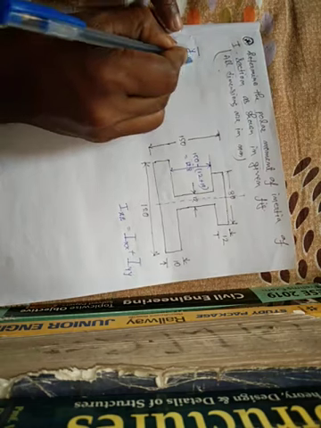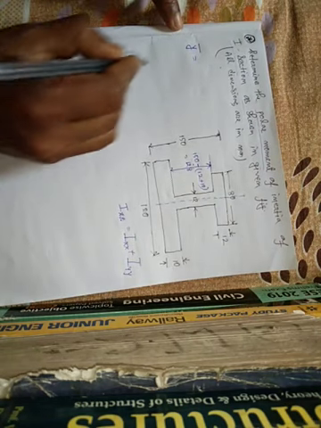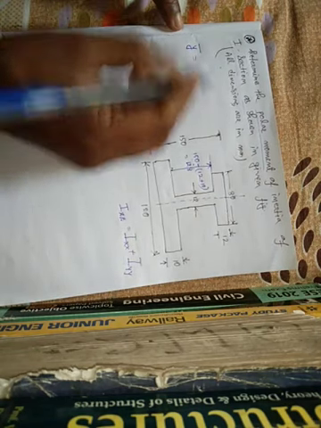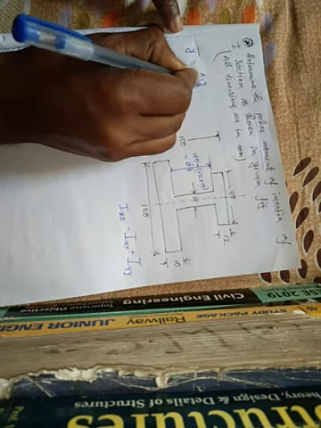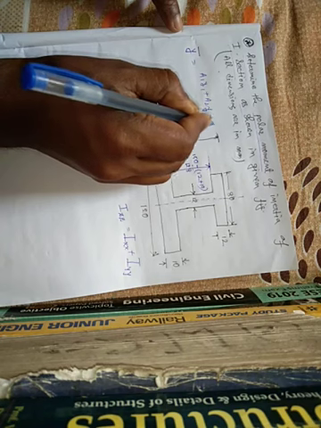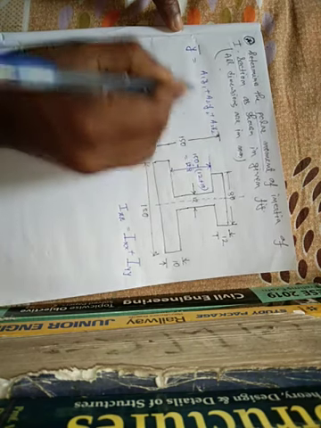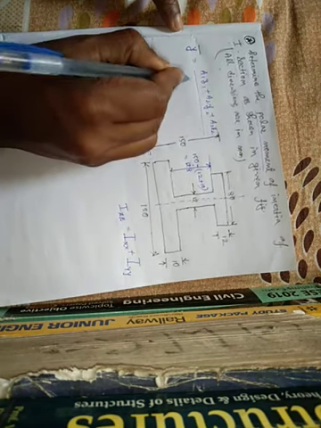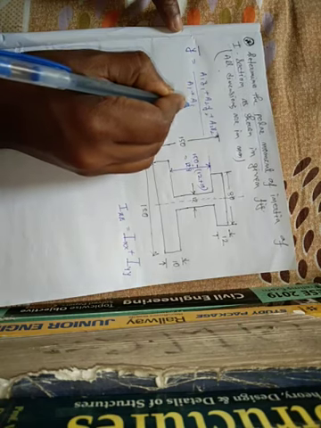So y bar is equal to a1 y1 plus a2 y2 plus a3 y3 and so on, divided by a1 plus a2 plus a3 and so on.